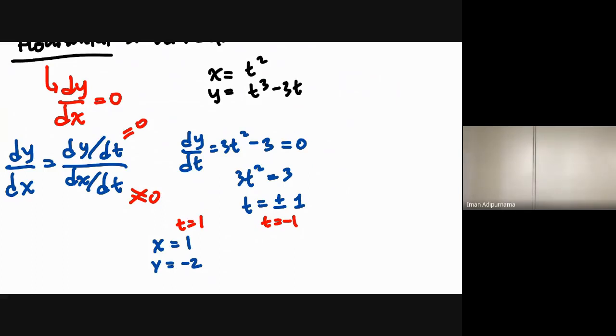So you need to give the positions. So t equal 1 will be at (1, -2), and t equal -1 gives (1, 2).